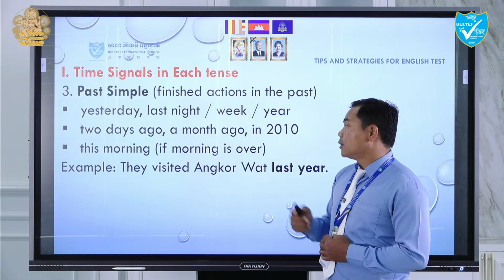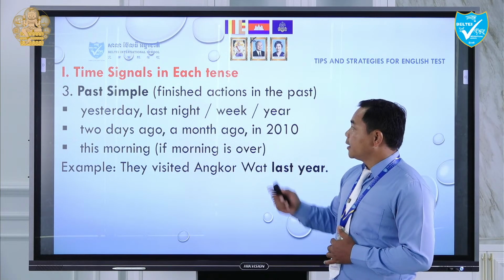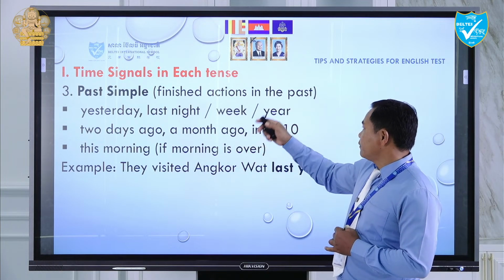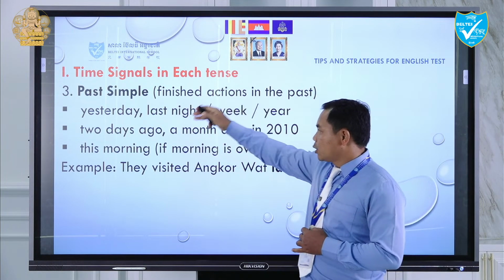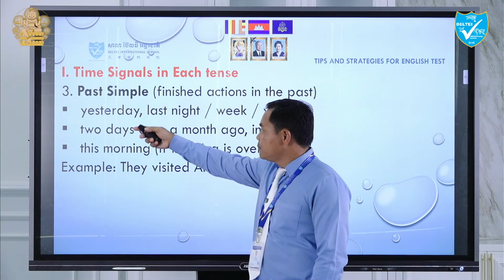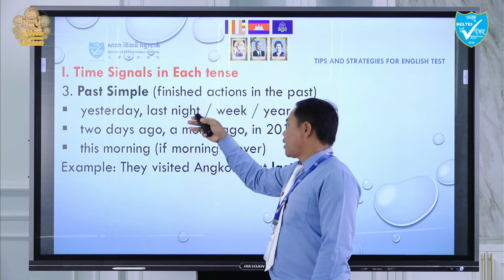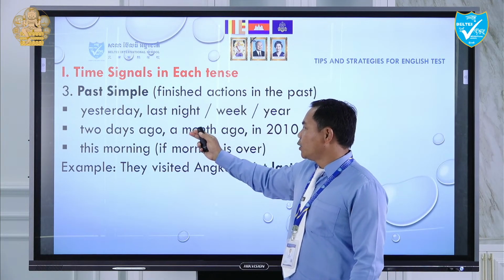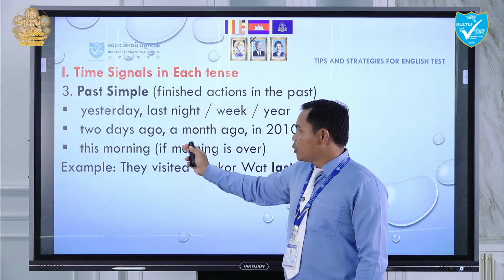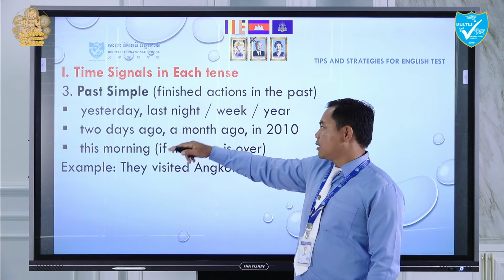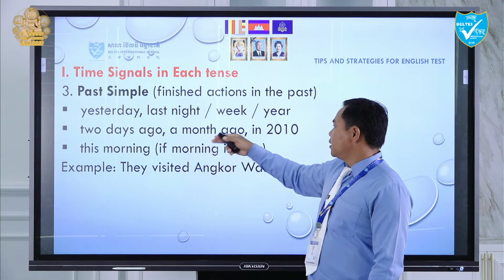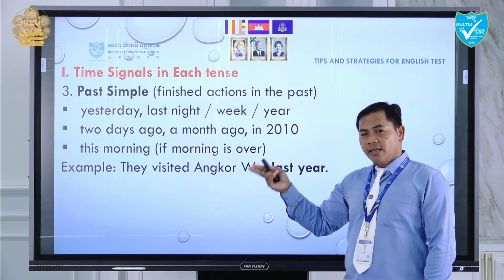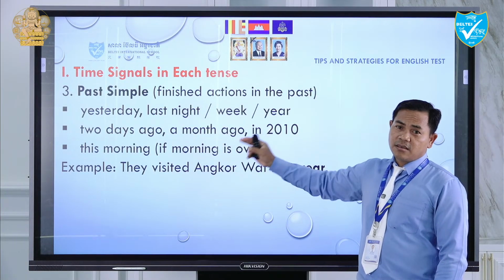Number three, past simple. In past simple, we talk about a finished action in the past. The time signals used in past simple are such as yesterday, last night, last week, last year, two days ago, one day ago, one week ago, two weeks ago, a month ago, in 2010, in 2009, in 1975.